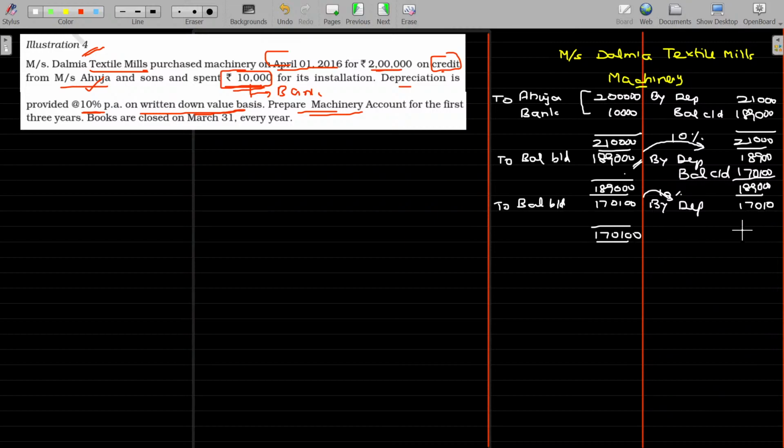On 1,70,100, after charging the depreciation, the final value being 1,53,090. Balance carried on. To balance brought down, 1,53,090. Yeah, finish copying this.